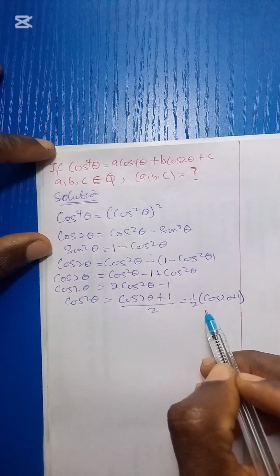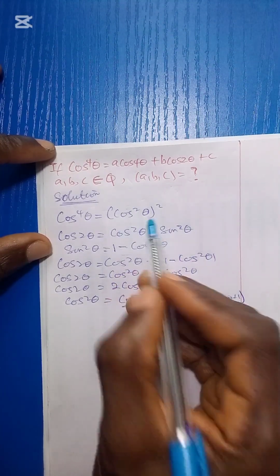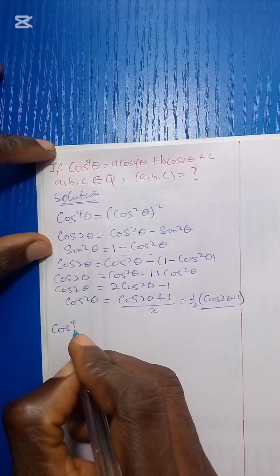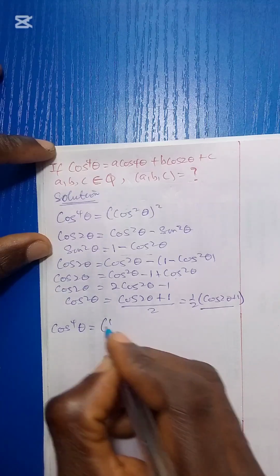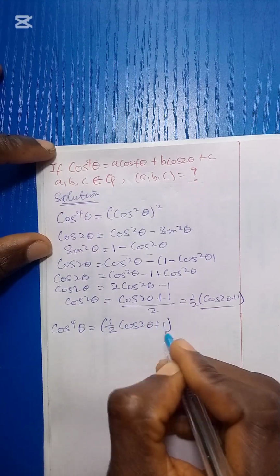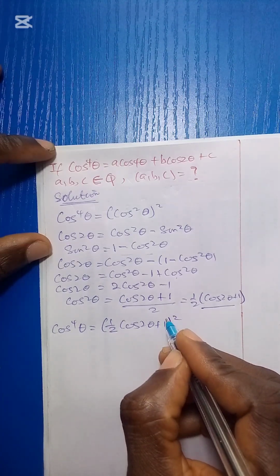Now I'm going to put this in place of cos square theta here. So cos to the power 4 theta is equal to 1 over 2 (cos 2 theta plus 1) all squared. Let's remember there is a bracket here.